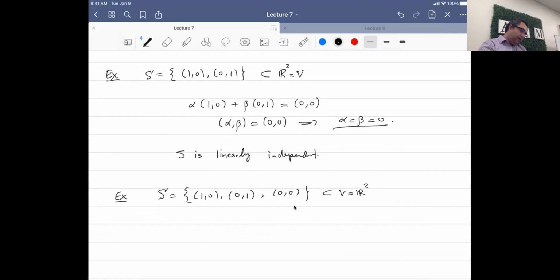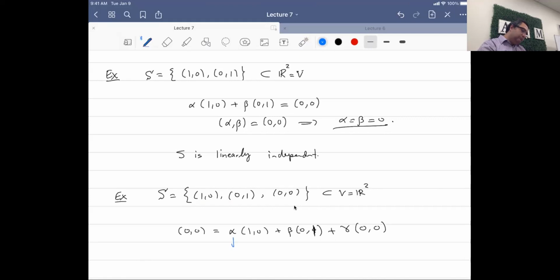Is the only way to represent the zero vector as a linear combination of these through 0, 0, 0? The zero vector is a linear combination of (1, 0) and (0, 1). Is the only way 0, 0, 0, no other ways?